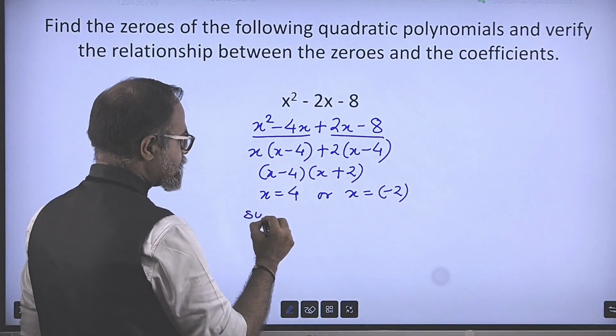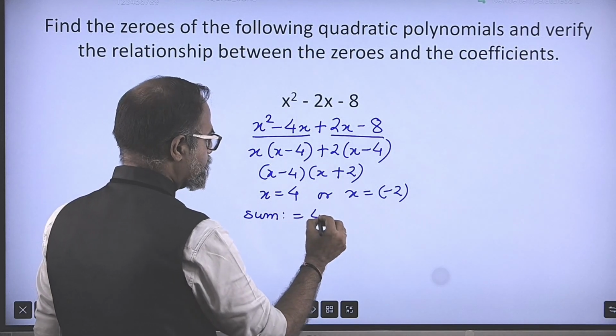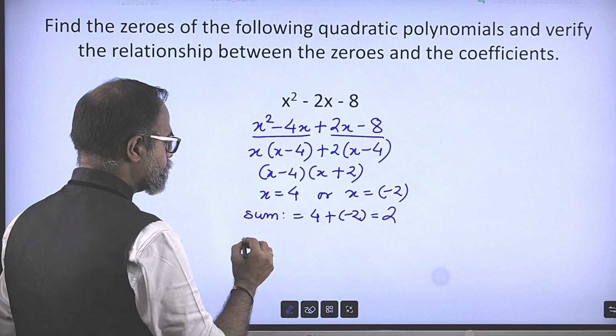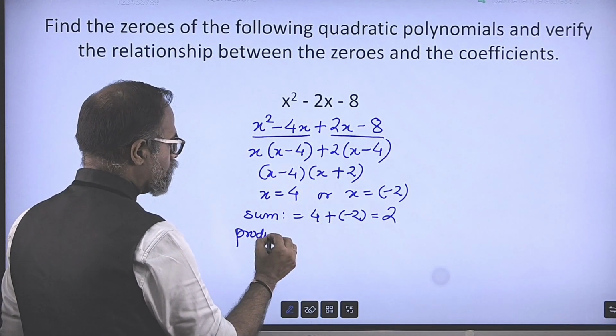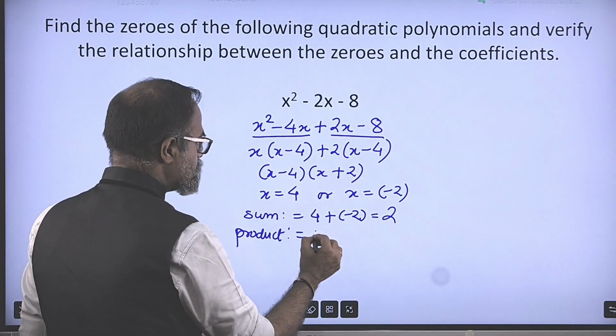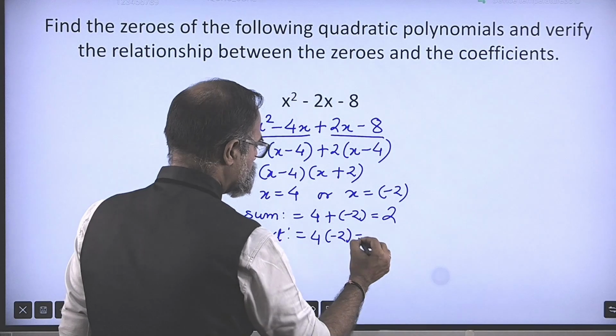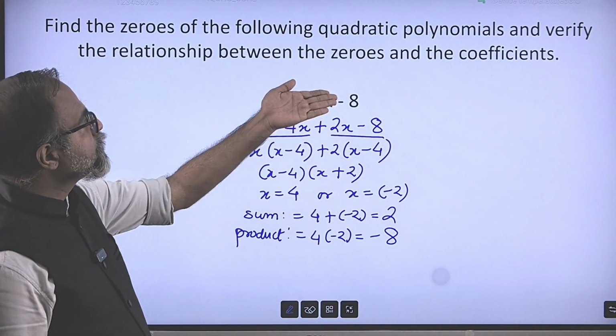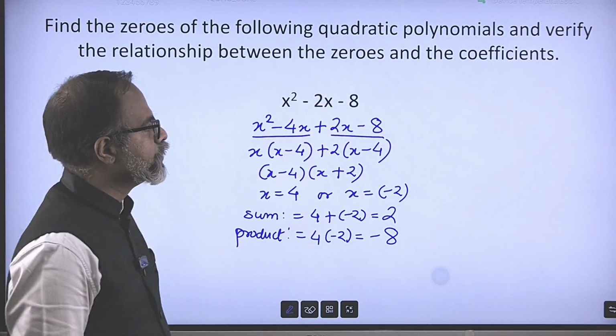Now, the sum of the zeros is 4 plus minus 2, which is equal to 2. The product of the two zeros is 4 into minus 2, which is equal to negative 8. Now, let us compare this with the coefficients.